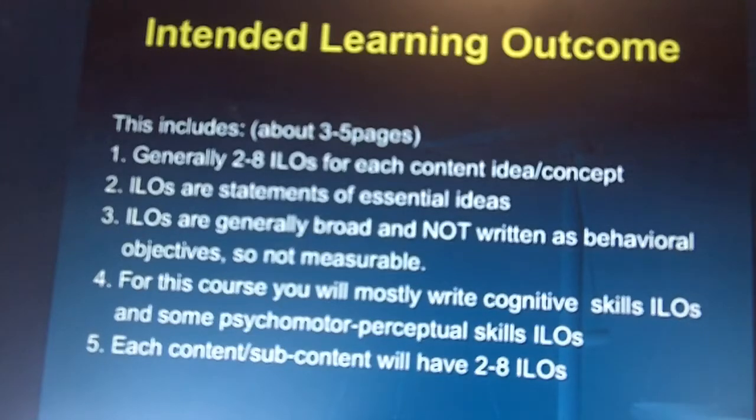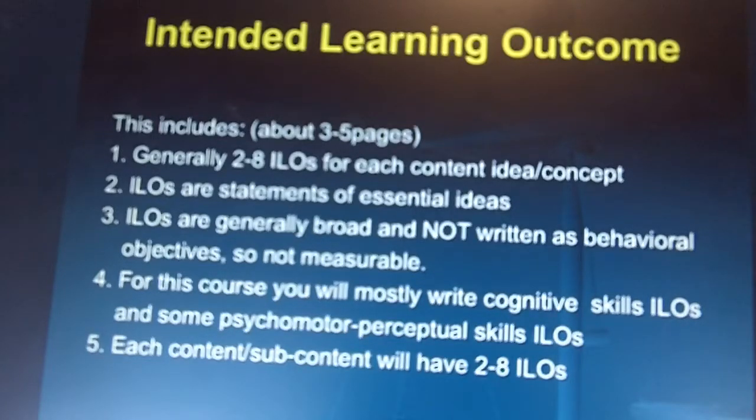The other, in terms of the instruction and instructional planning, is that whenever we write intended learning outcomes, what is really good is that it should clearly specify the kind of learning outcomes involved so that appropriate instructional strategies can be designed to accomplish that.